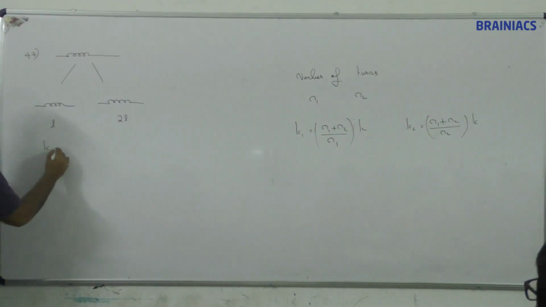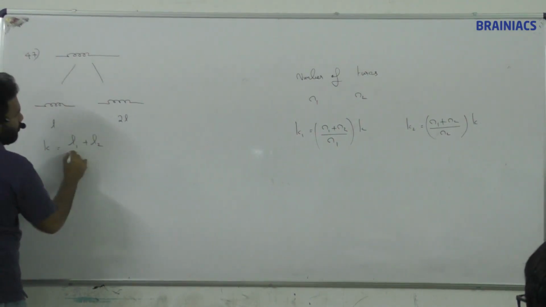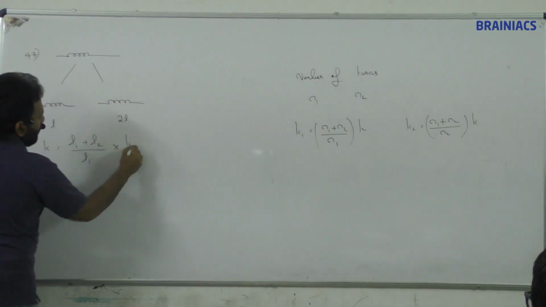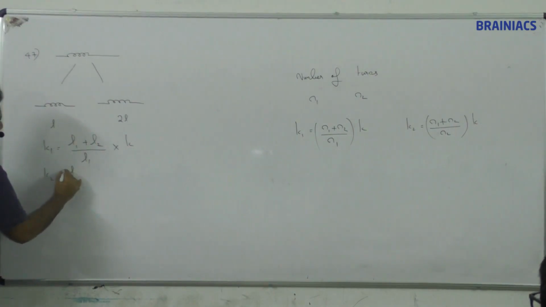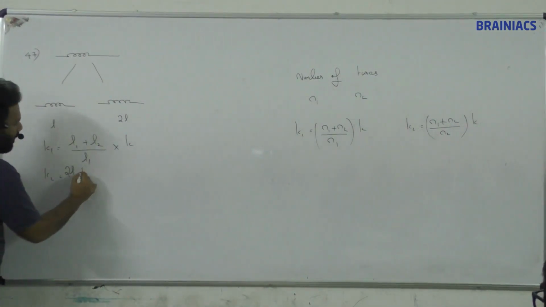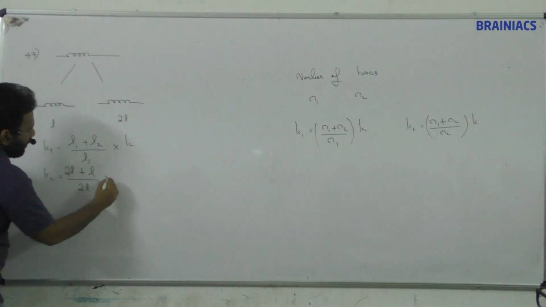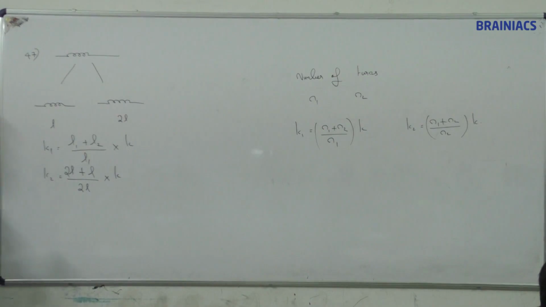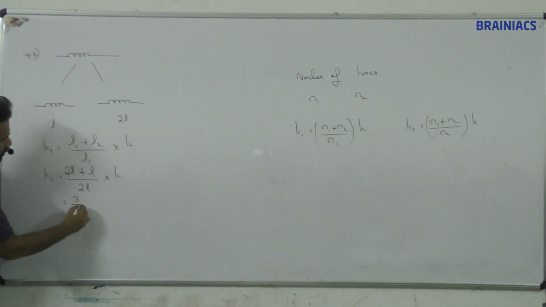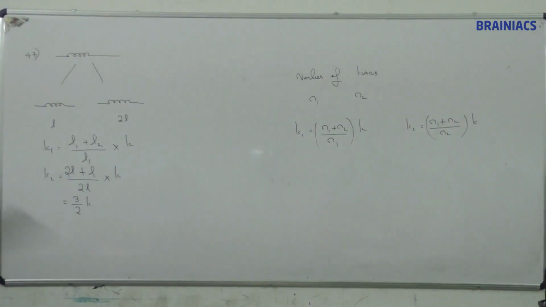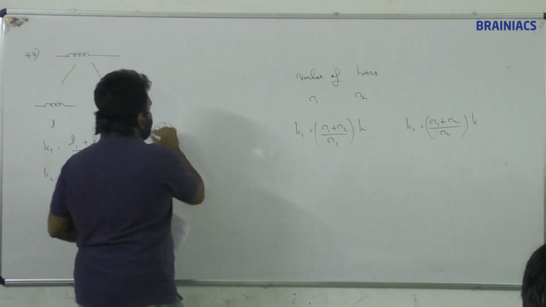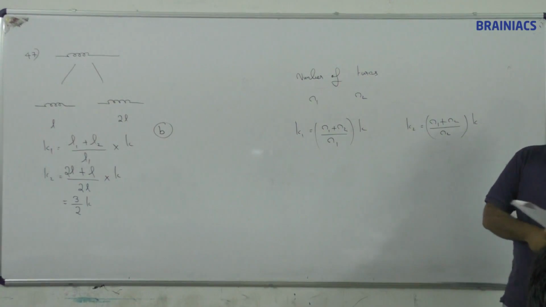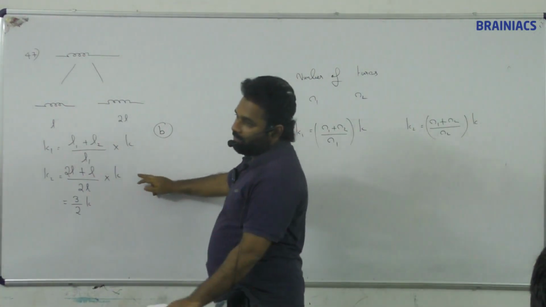So K2 is equal to (L1 plus L2) divided by L1 into K. If we need to find this, we keep 2L plus L divided by 2L into K. So 3 by 2 K. So option B. Directly thinking also you can do it, but unnecessary confusion can be avoided if we use this formula.